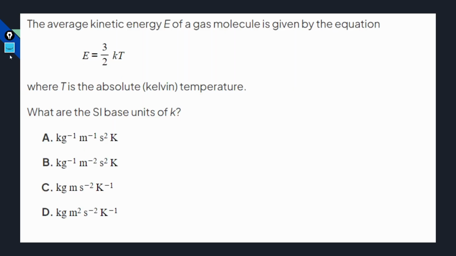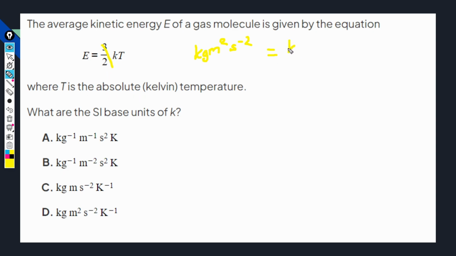So let us try this question over here. The average kinetic energy of a gas molecule is given by the following equation. So energy, we know the unit of that is kg meters squared seconds minus 2, right? So this is half mv squared. And this will equal to, we can ignore this, where T is the absolute temperature in Kelvin, right?